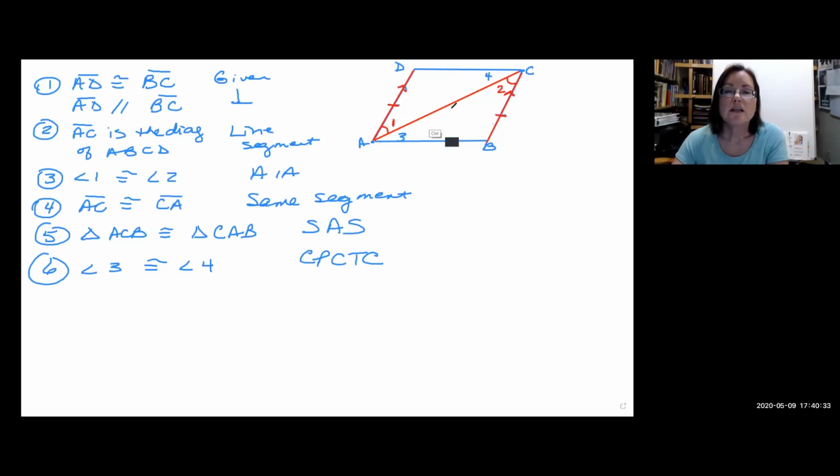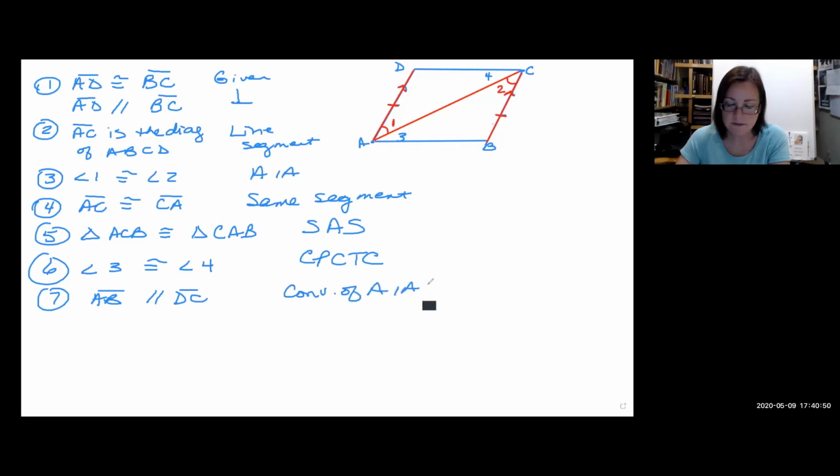And if alternate interior angles are congruent, well, the lines are parallel. So we could say AB is parallel to DC by the converse of alternate interior angles. Therefore, ABCD is a parallelogram, by definition, if opposite sides are parallel.